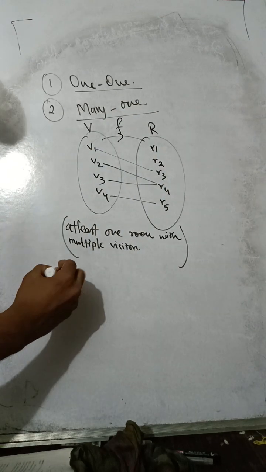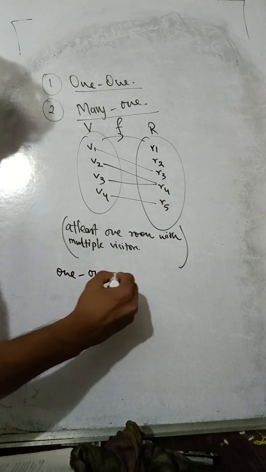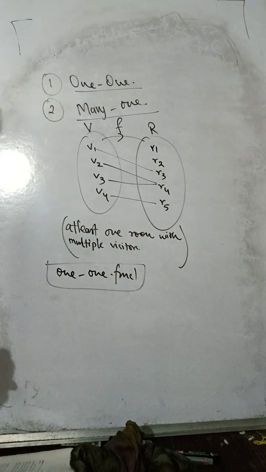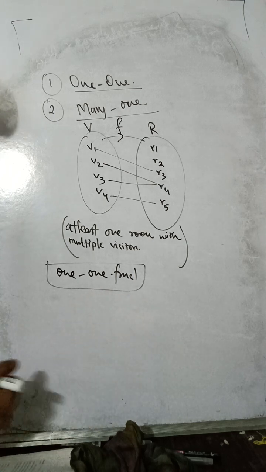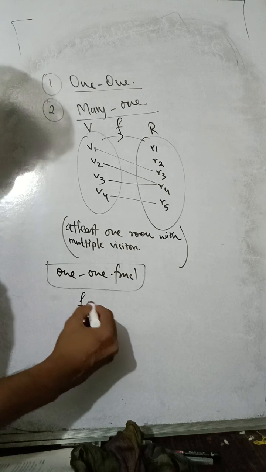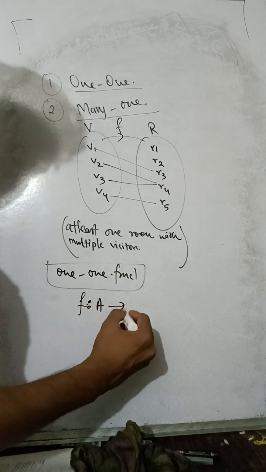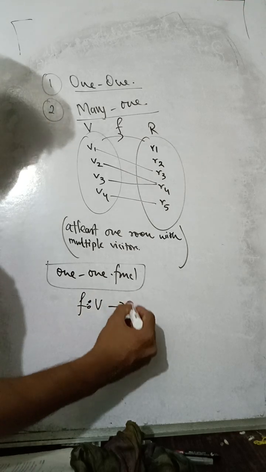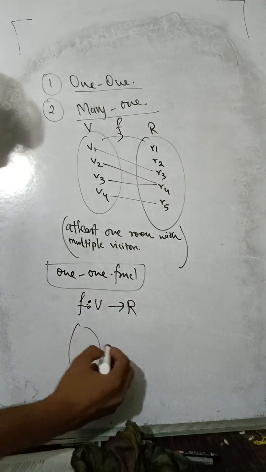Now another thing I would like to bring to your attention is that for a function to be a one-one function, the codomain must be at least the cardinality of the domain set. Suppose a function is something like visitors to rooms in our example, with v1, v2, v3 and a set of rooms r1, r2, r3, r4.